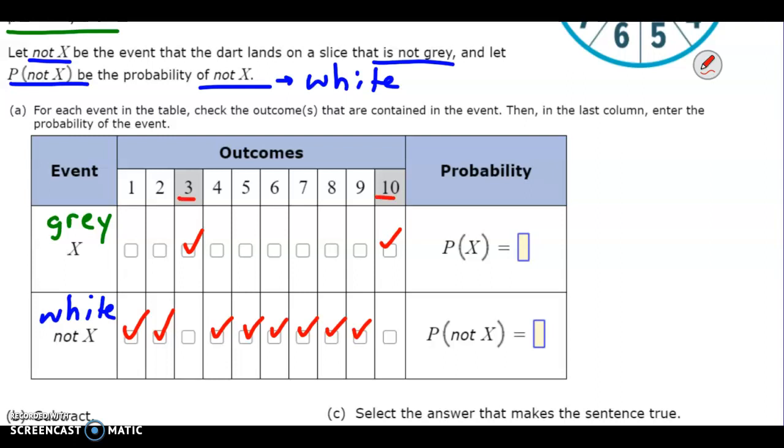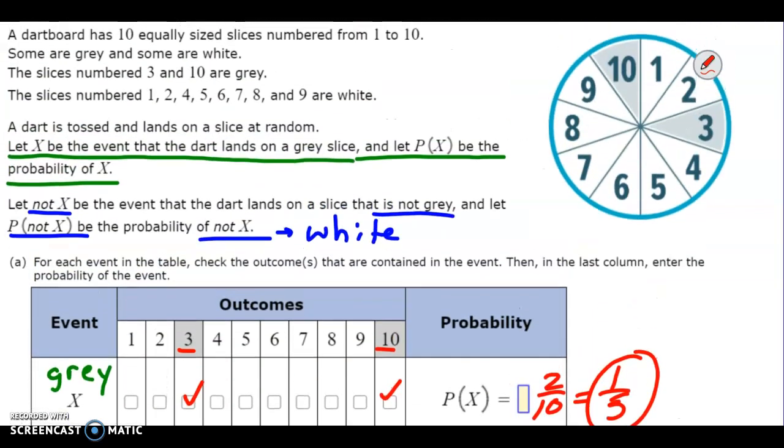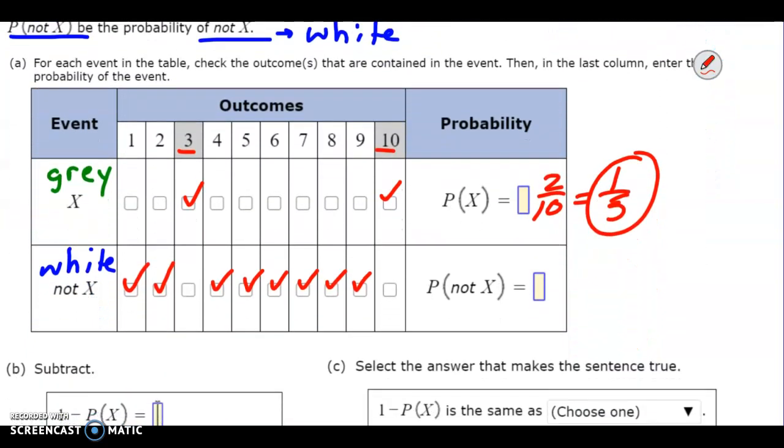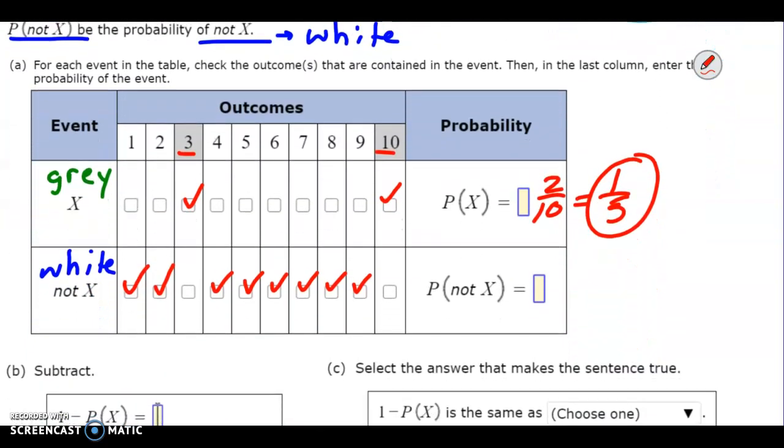So the probability of X happening, the probability of gray happening, is 2 out of 10 because it happened twice out of those 10 chances, which simplifies to 1/5, right? 3 and 10 are gray for your possible outcomes. So you've got 2 out of 10 chances of gray, which simplifies to 1/5. And then for your white, you've got 1, 2, 3, 4, 5, 6, 7, 8. So 8 out of 10, which simplifies to 4/5.